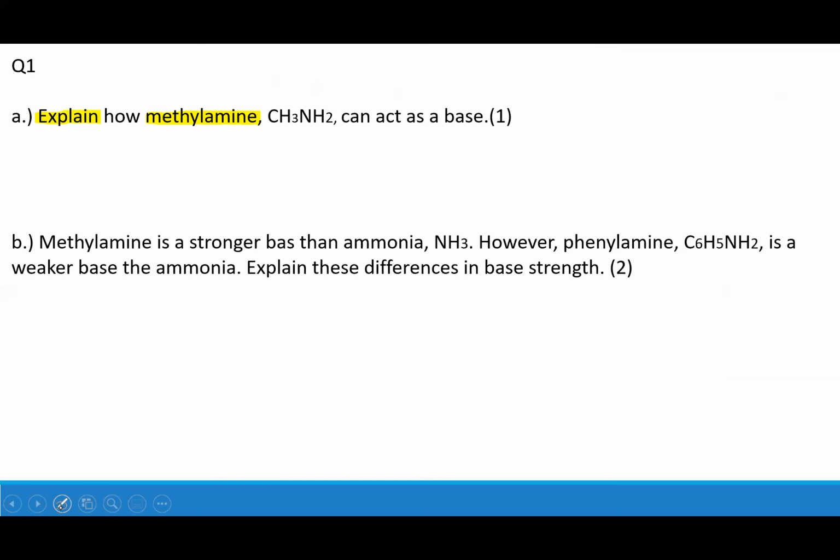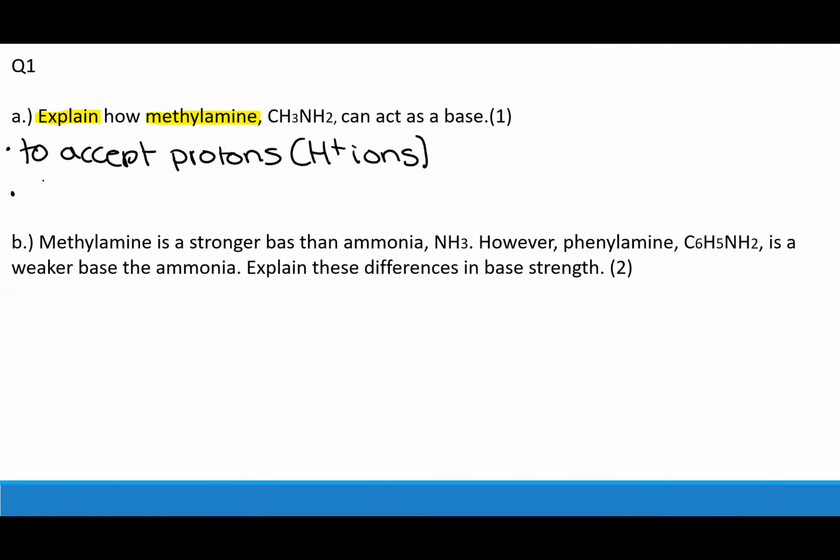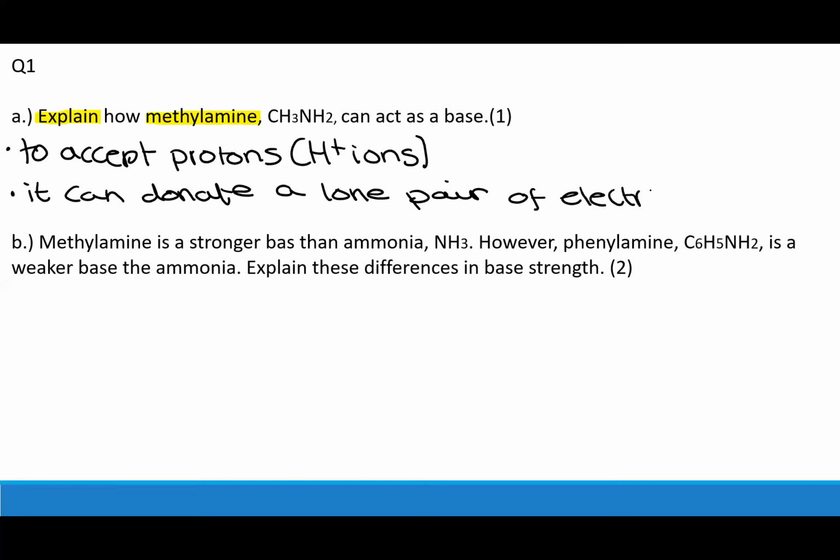So what you've just learned is that it can act as a base because amines are able to accept protons, so H plus ions, or you could say it can donate a lone pair of electrons. Now that'll get you the 1 mark.